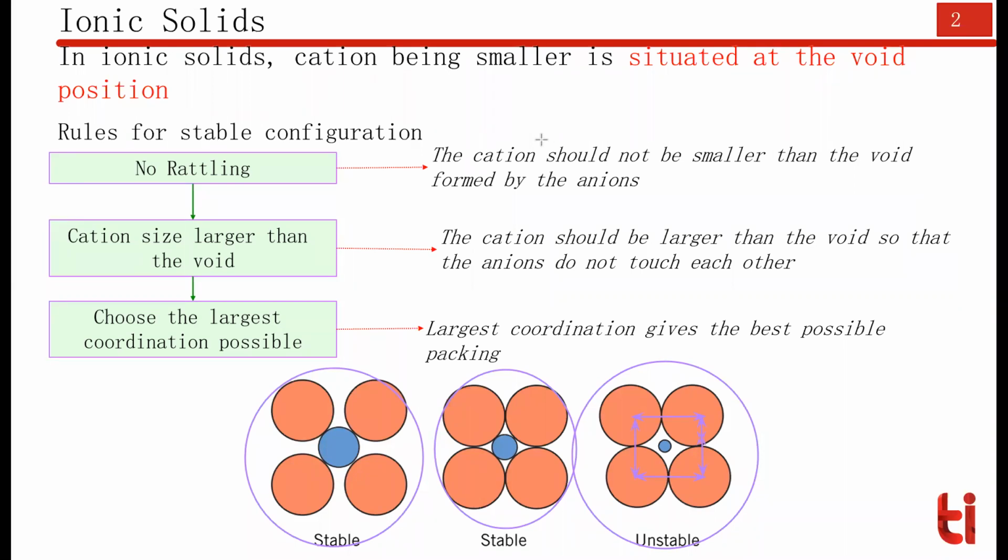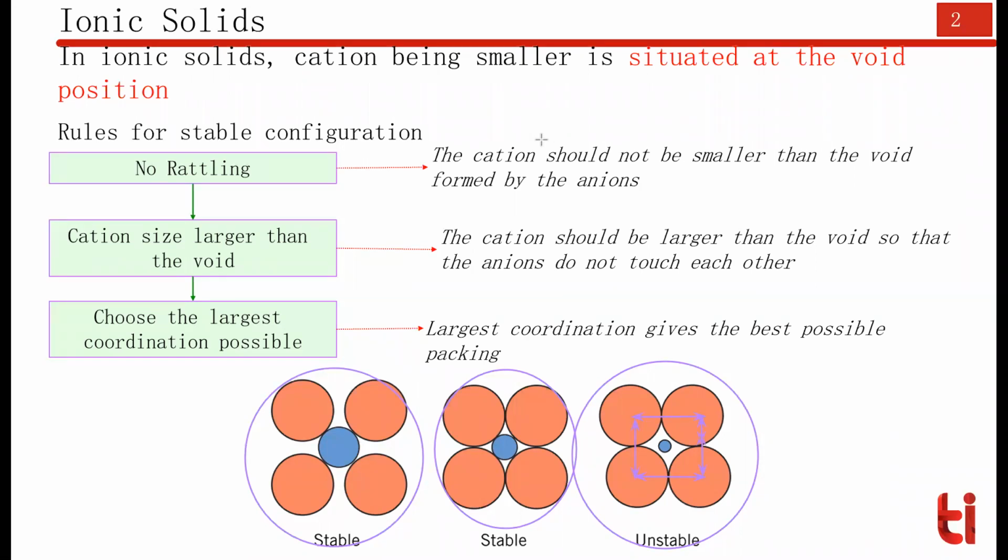Everybody agrees up to that point. Now the next question is, if you have two atoms, one which is an anion and the other which is a cation, then out of the two, only one will go and occupy the valley. Which one will go and occupy the valley? The one which has smaller physical size.